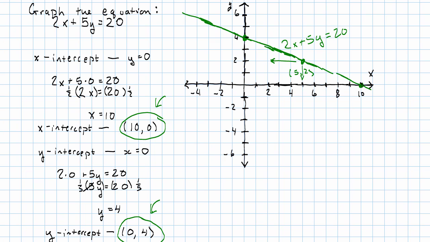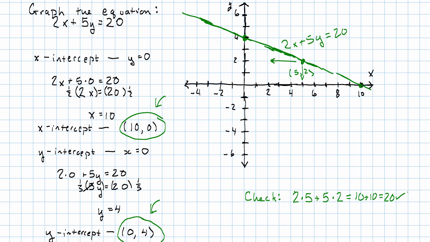This is the point (5, 2). Let's check that that works in the equation. When x equals 5, we have 2 times 5 plus 5 times 2. That'll be 10 plus 10, which is indeed 20. So that really works in the equation.